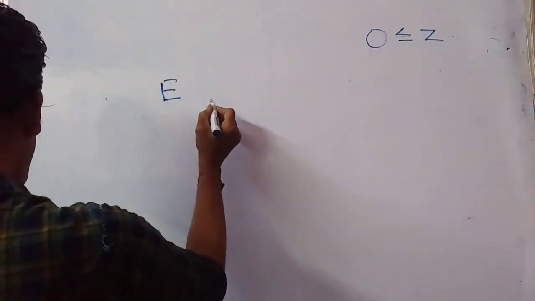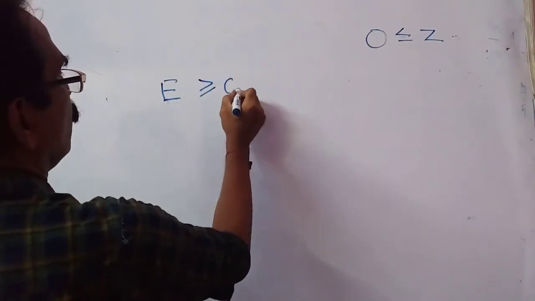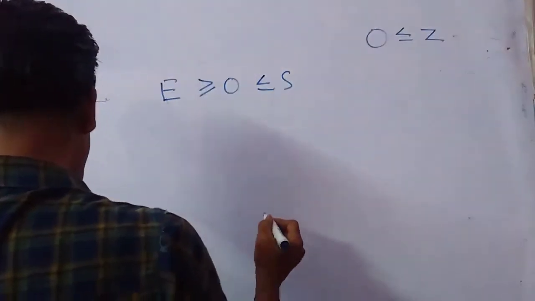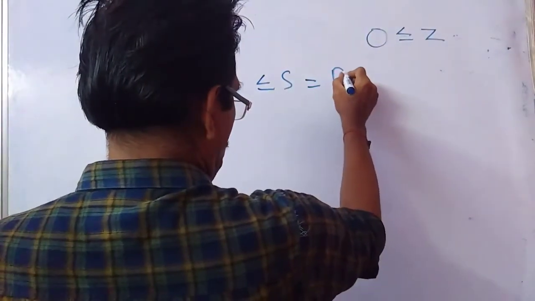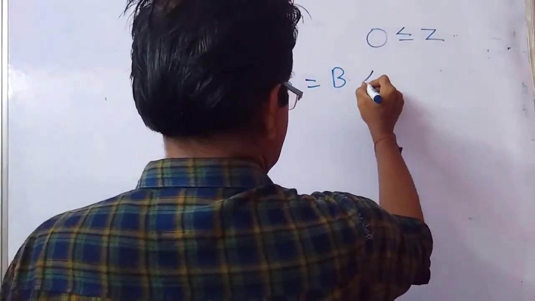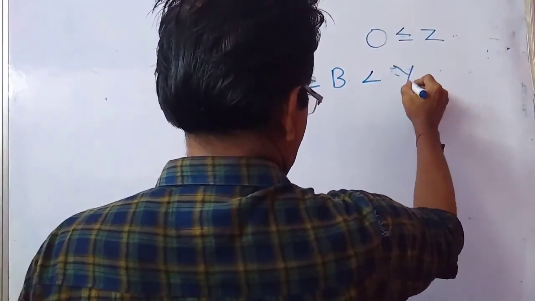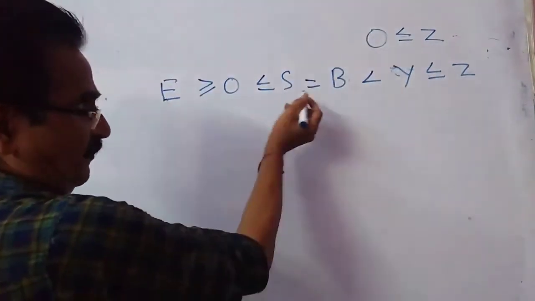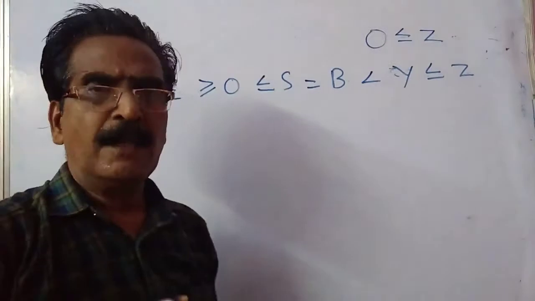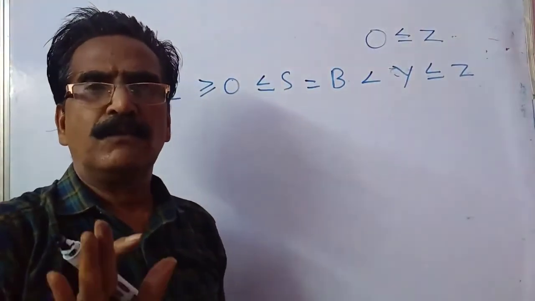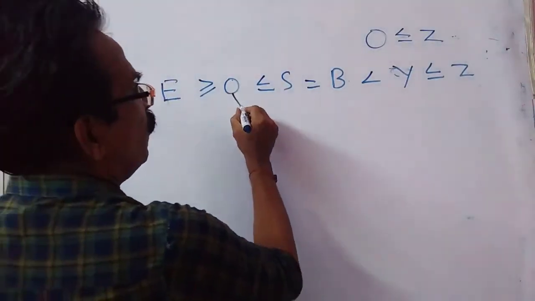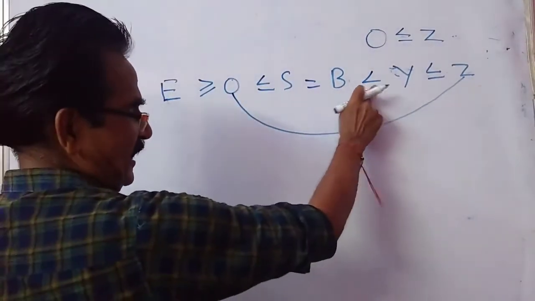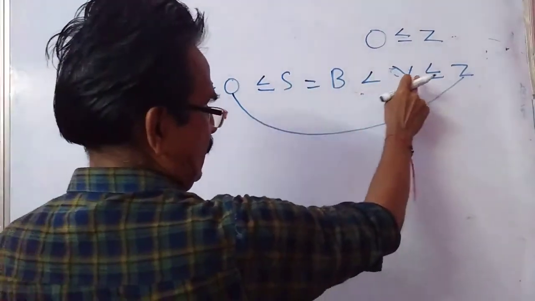First option: E greater than or equal to O less than or equal to S is equal to B less than Y less than or equal to Z. So from the first option, we can just conclude O less than Z. Less than is there, and then less than or equal to, less than or equal to.